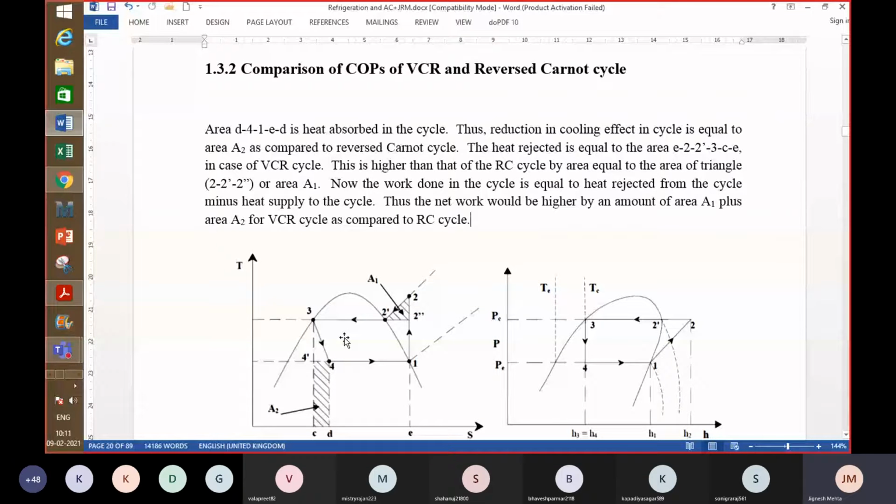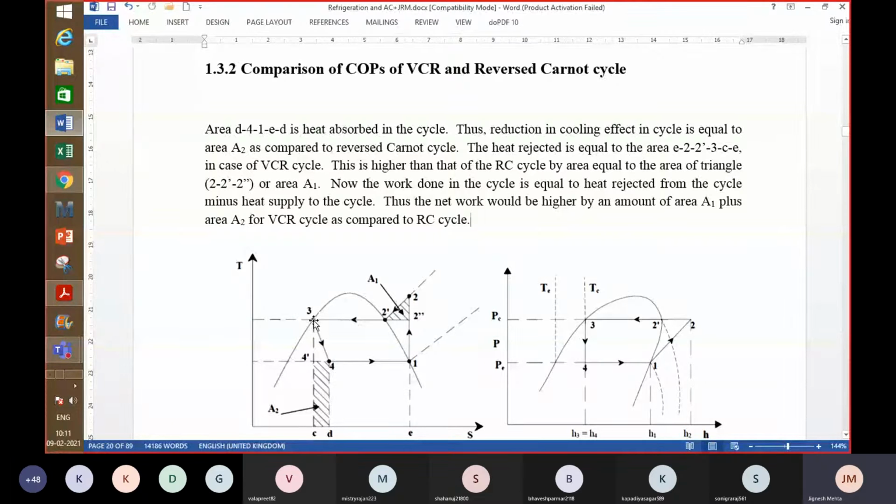But then because you replaced the reverse Carnot cycle, you make changes with that, like going up to the condenser pressure from 2 to 2' on this path. And another thing is, rather than going along 3-4', you are going along 3-4.